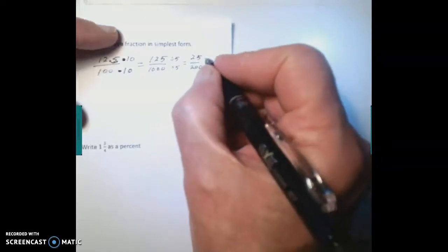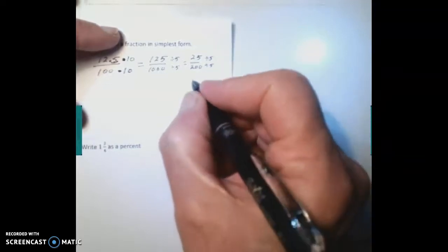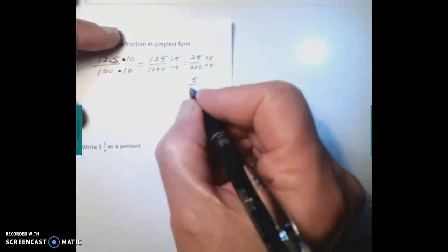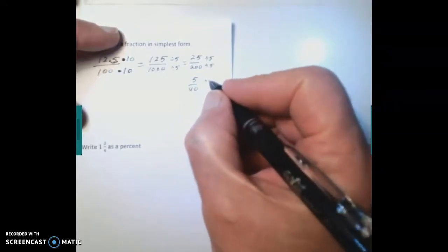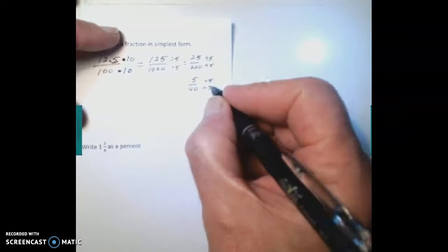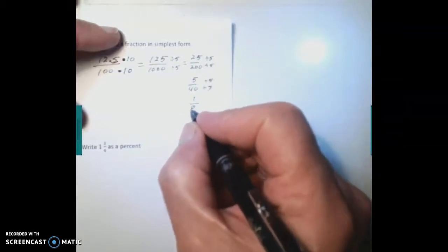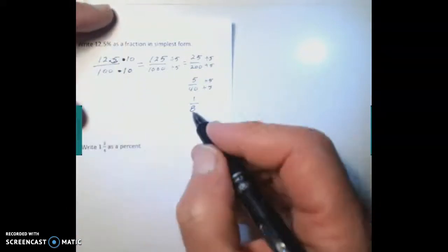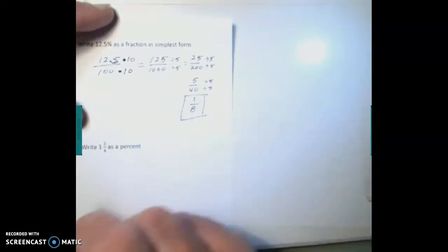They're both divisible by 5 again, so divide them both by 5, you get 5 over 40. Again, they're both divisible by 5, and you're going to end up with 1 over 8, and that is 12 5/10% as a fraction in simplest form.